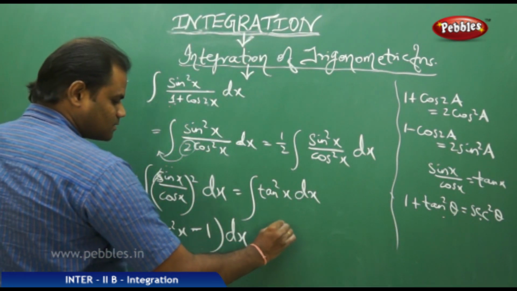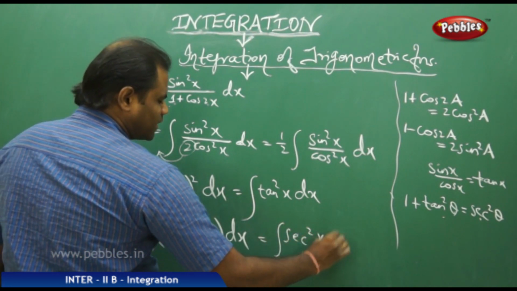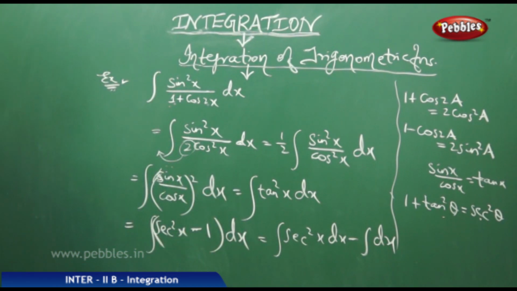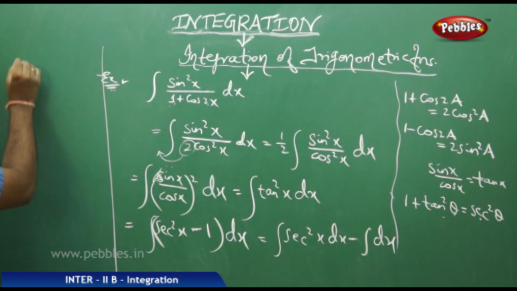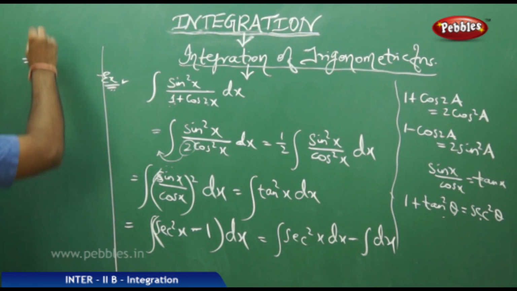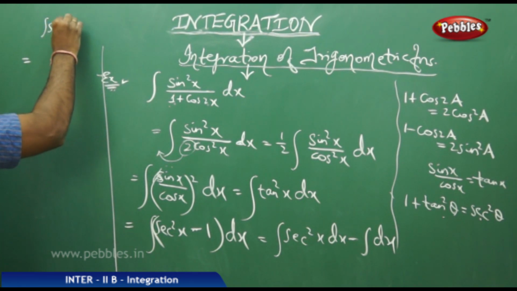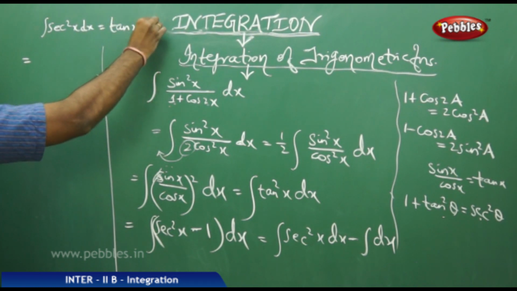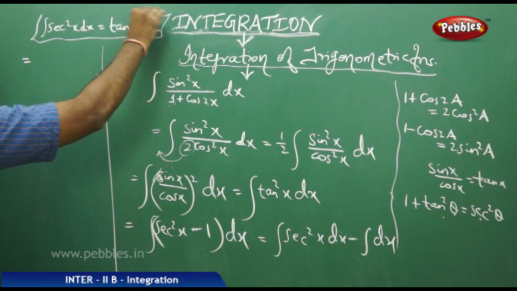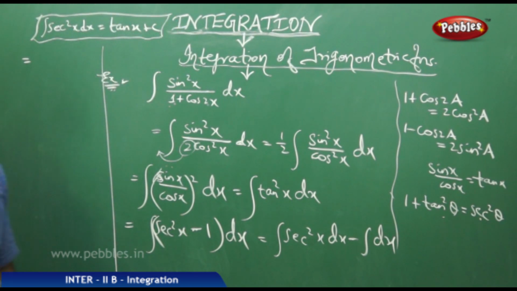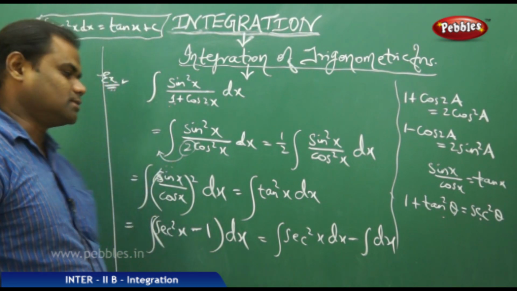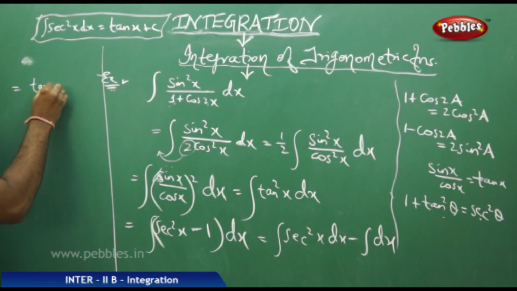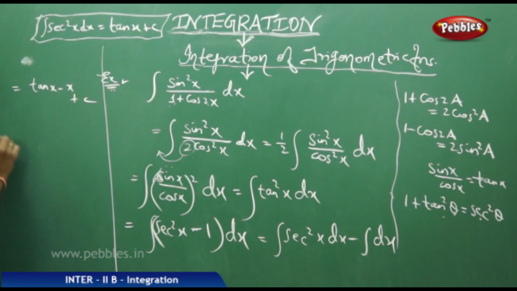Now splitting this, we get integral secant square x dx minus integral of dx. Now we know that integral of secant square x dx is tan x plus c, as we have seen in the standard formula. So therefore, I get this to be tan x minus x plus c.